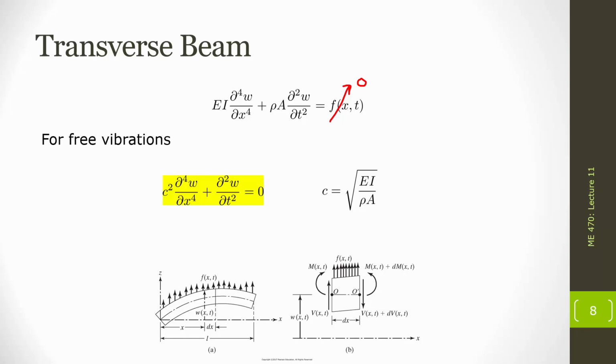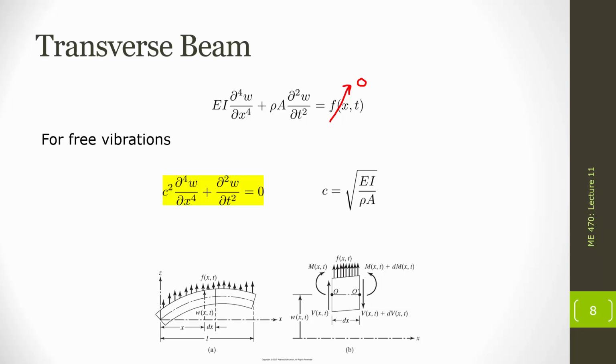So the form looks a little different than what we had before. The solution, because it's fourth order in space, is also going to be a little more difficult, but we're going to investigate how we can solve for W in a general sense, and also how to find the natural frequencies, eigenfunctions or mode shapes of transverse beams.